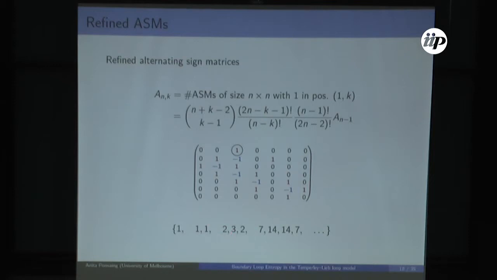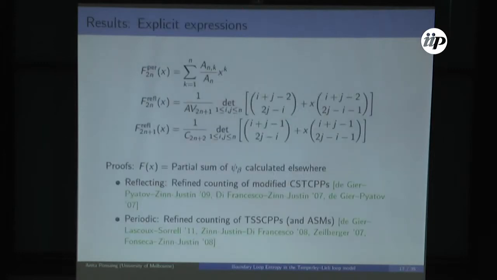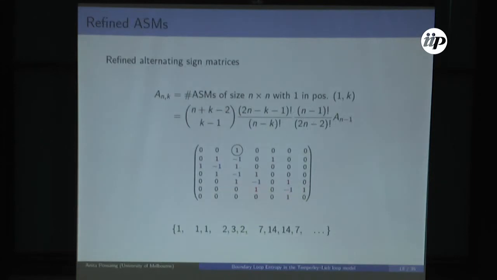This is actually pretty interesting, because the expression on the right-hand side here is a refined counting of alternating sign matrices according to the position of the 1 in the top row.